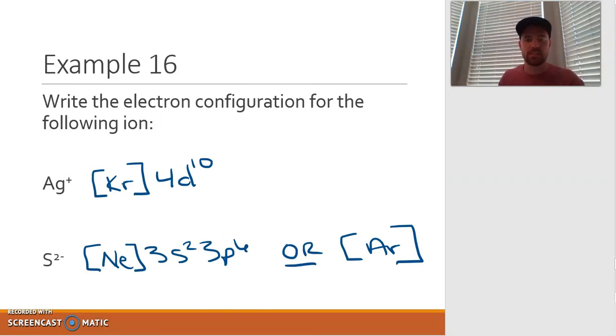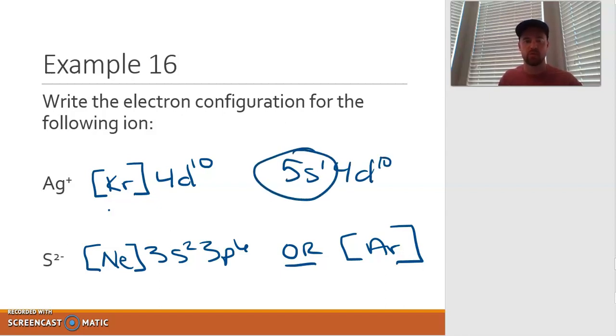Alright, so let's take a look and see how we did. So we have the silver ion, which, remember, silver is an exception as far as its normal configuration. And so make sure that you had it originally as 5s1, 4d10, and then the one electron that gets removed is this one right here, resulting in this answer. And then for sulfur, sulfur was a different one because sulfur actually is an example of an anion.